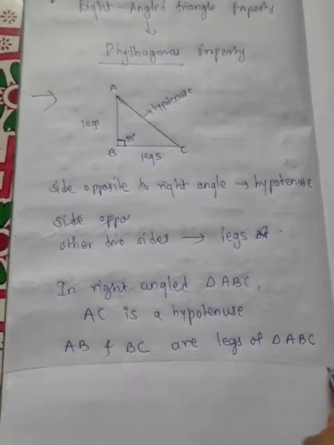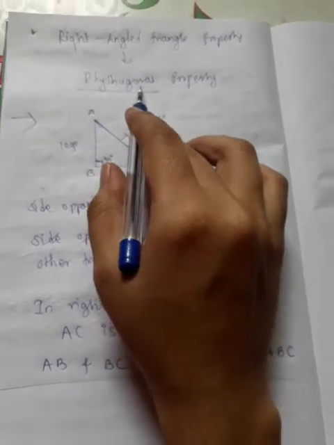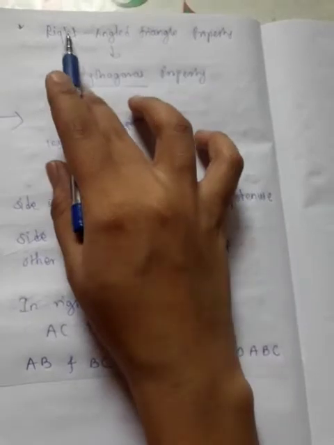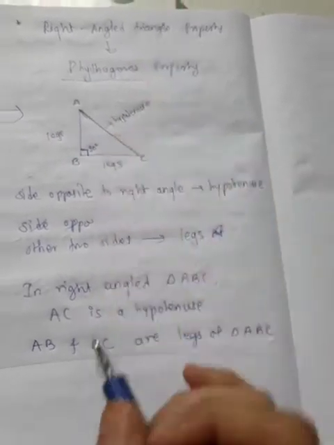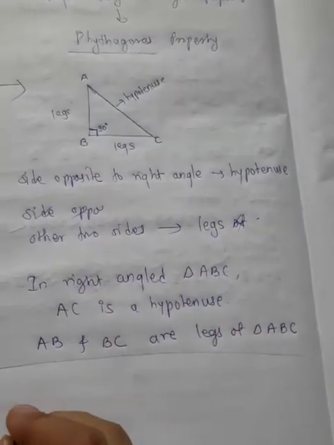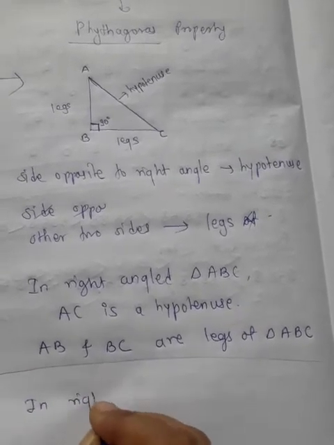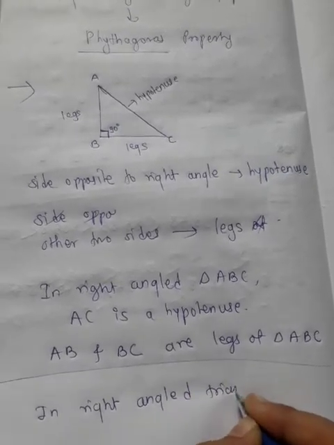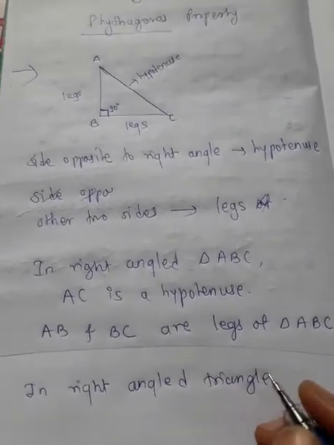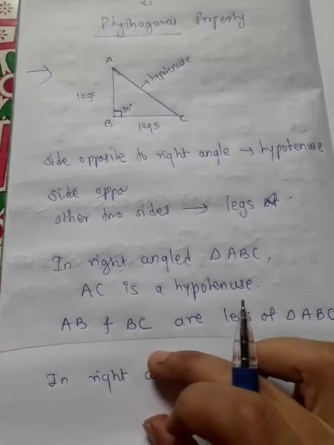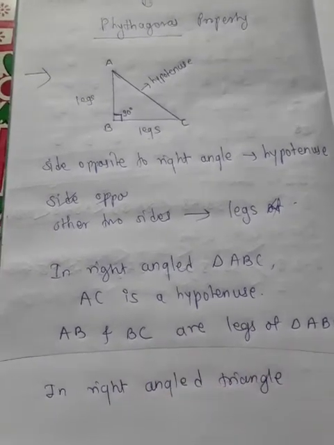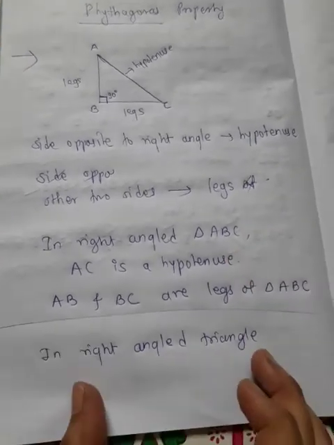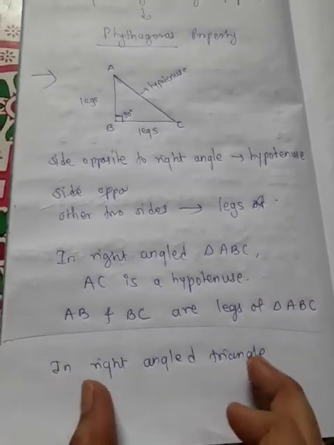Now, the scientist Pythagoras found a property about right angle triangles. And what is that property? In your syllabus you have only the statement of this property. In next standards you have the proof of this property. So we just understand the statement of this property.